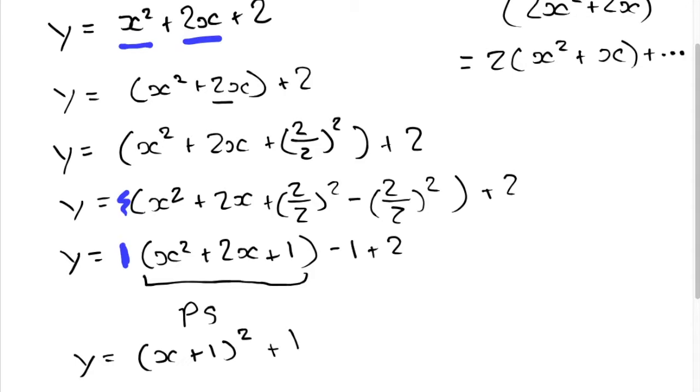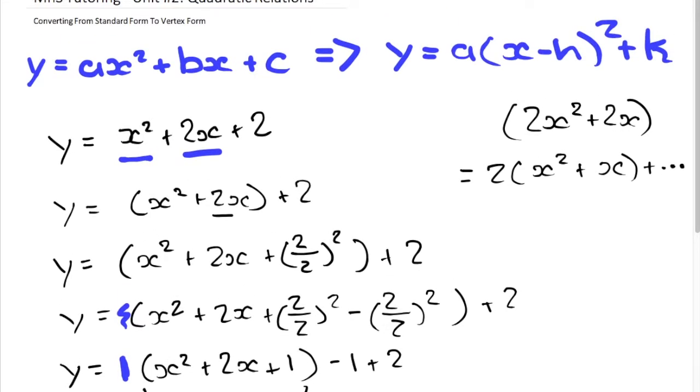So here you go. Now you have it in vertex form. Right now there's no a in the vertex form. Well, actually there is, but it's a 1, so you don't necessarily have to write it because it's just making anything inside the bracket the same thing. So there we go. That's how you transform the standard form back into the vertex form, which could help you graph the parabola even better.